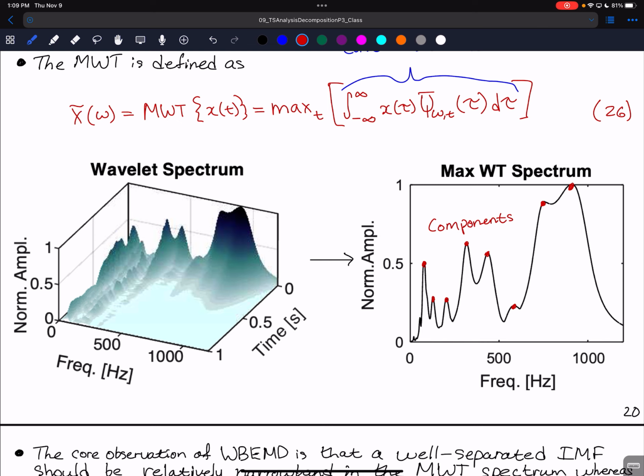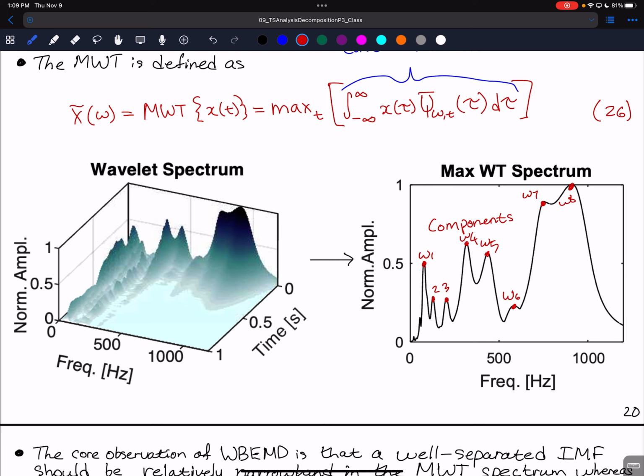So in this case, we'd have some like omega 1, 2, 3, 4, 5, omega 6, 7, and 8 here. And this is what you're going to pass into the wavelet-bounded EMD to look for this. So you, in general, want to try and find these peaks as best as you can.